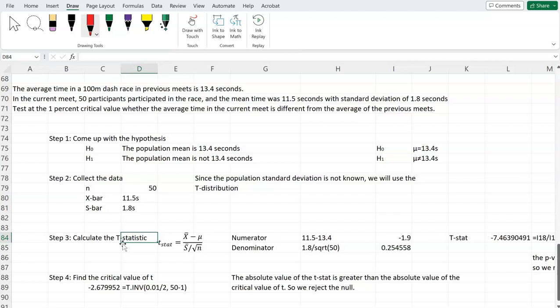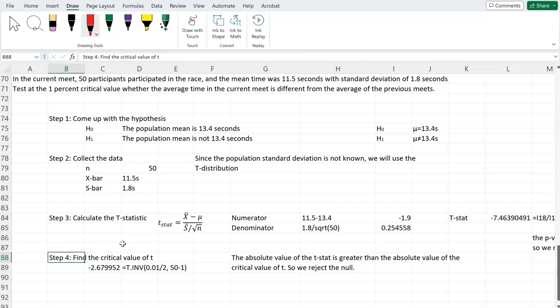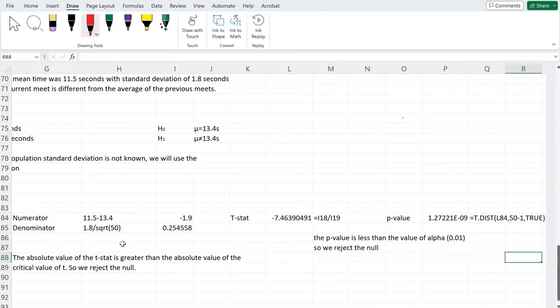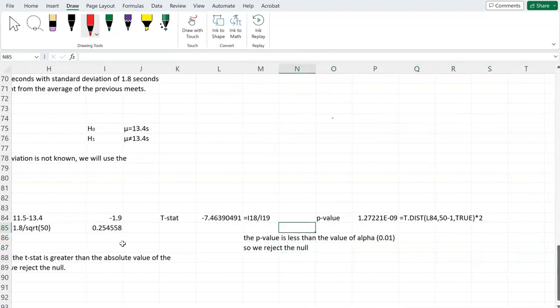If I use t-values or p-values, in step 4, I can find the critical value of t and compare it with the t-stat right here. Or instead, in step 4, I could convert the t-stat that I calculated into a p-value, and then compare it with alpha. If it's less than alpha, we reject the null. If it's greater than alpha, we do not reject the null.